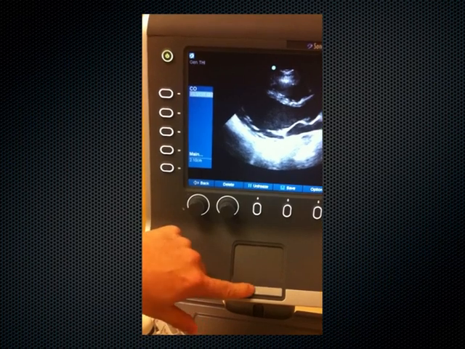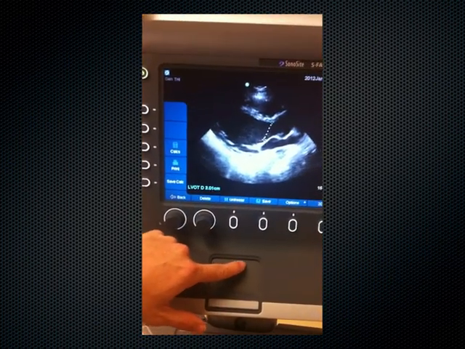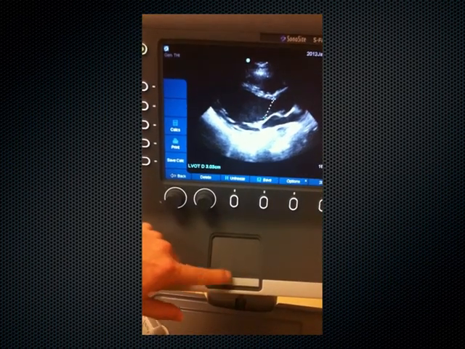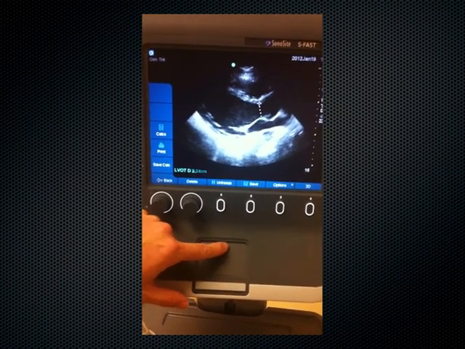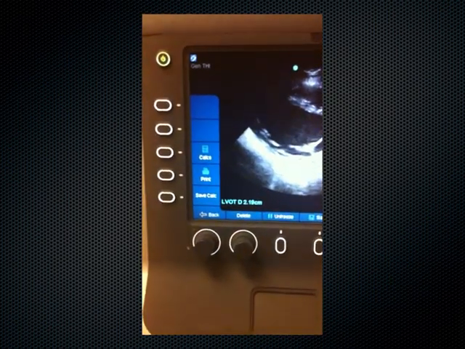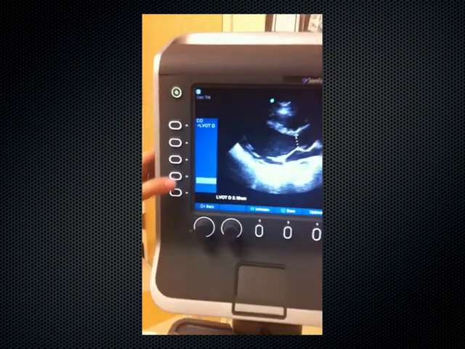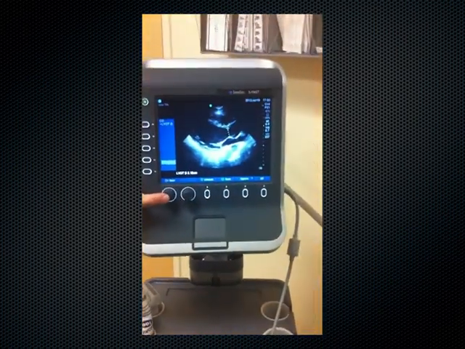Hit LVOT, and it'll give me calipers. I'll put the calipers down right here, and that gives me a diameter of 2.2 centimeters, or 2.19 centimeters. I'm going to save this calculation, and hit the back button right here.